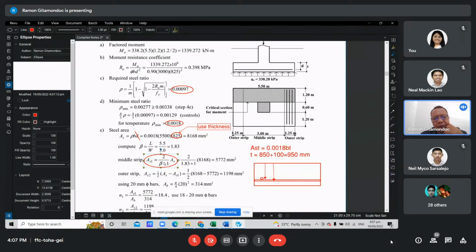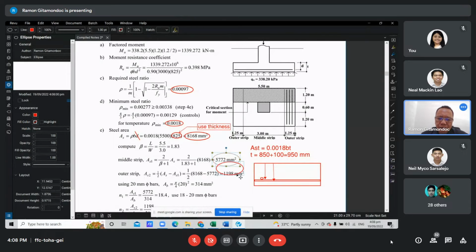So we get 1.83, substitute there, and we get for the middle strip a required reinforcement of 5,772. Next, what is left for the outer strips? We take the difference of this value and divide by 2. Okay? Half on each side. So we get this result.